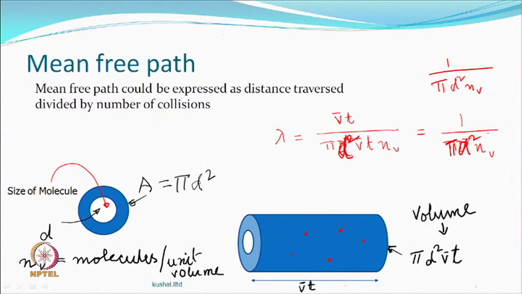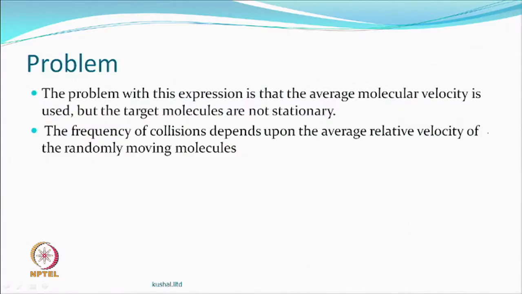So, it is dependent on the size of the molecule and on the number of molecules. The problem is that the average molecular velocity is being used in this expression, but the molecules which are going to be struck are not stationary, they are also moving.